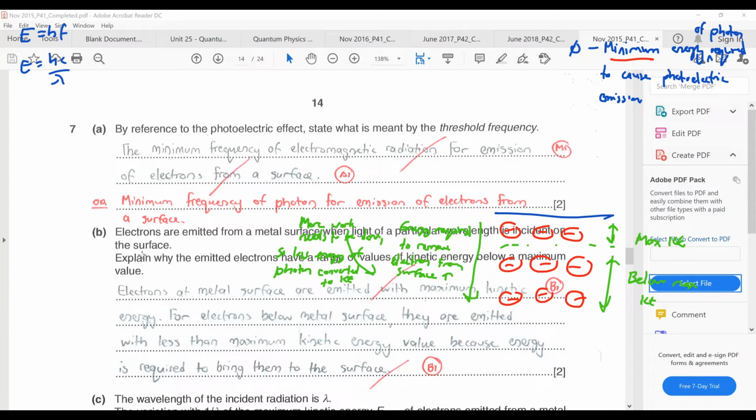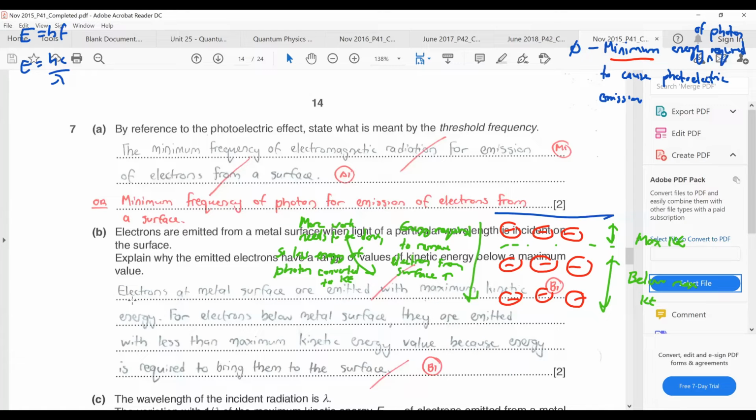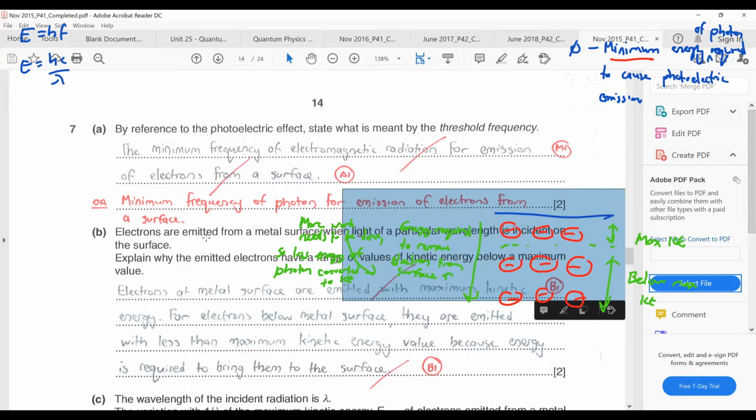So how do you put it in words here? You say that only electrons at the metal surface are emitted with maximum KE. For electrons below the metal surface, they are emitted with less than maximum KE because energy is required to bring them to the surface. That one relates to this diagram here.